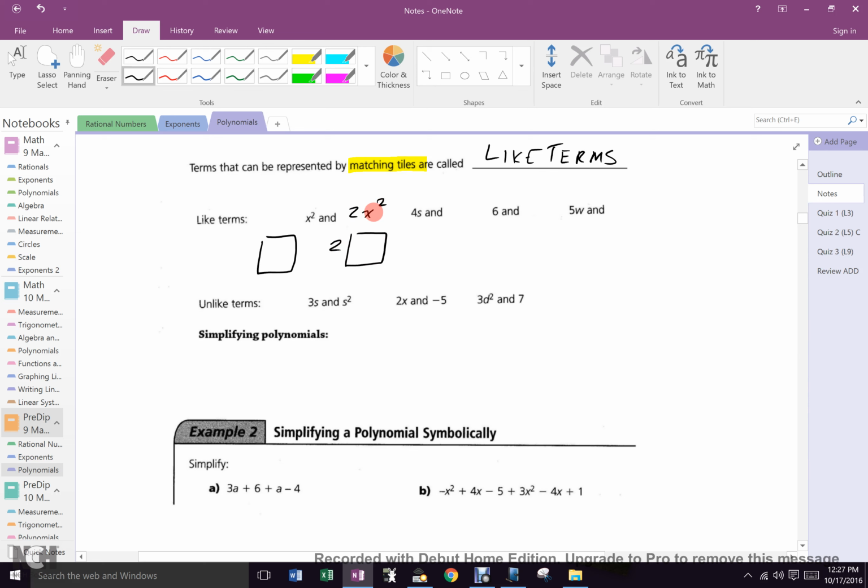2x squared. Why must it be the same letter? Because you cannot have different variables, because we are only counting x's here. Everybody got it? So what would this be? I'd have 4 unshaded bars.